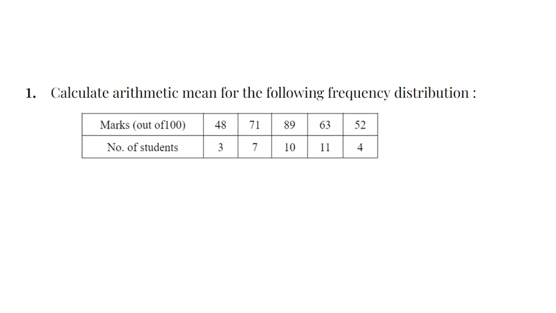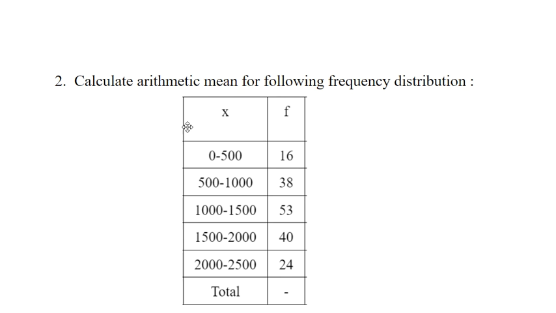So let's have a second example. Which type of example is this? This is the continuous type frequency distribution. Since the classes are associated with frequency, this is the continuous type frequency distribution. So let's solve this example.